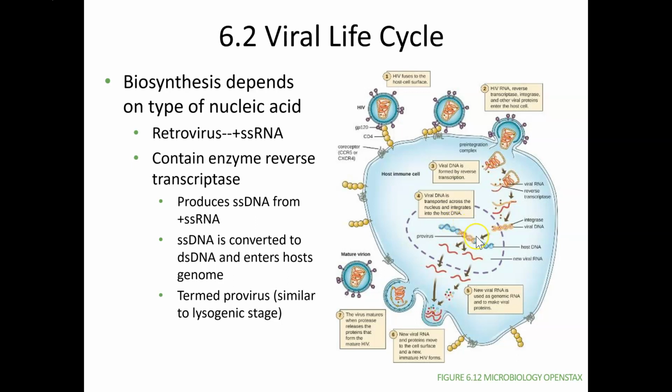So now we have a provirus. This provirus now can produce more positive stranded RNA virus structures that can infect new cells, more T cells. And so this is similar to the lysogenic cycle in bacteria.